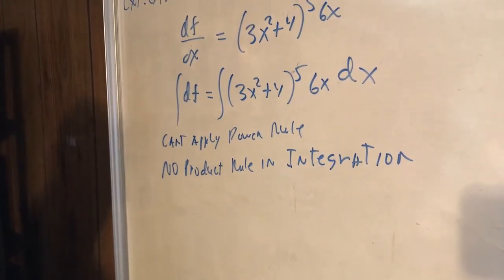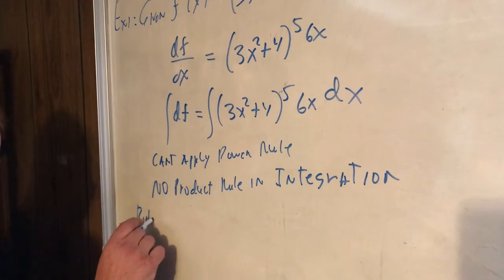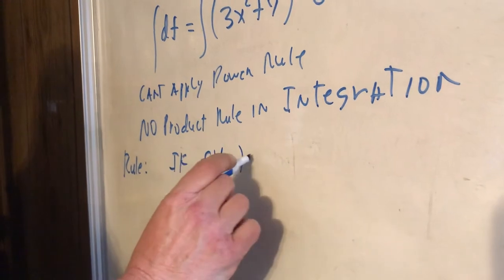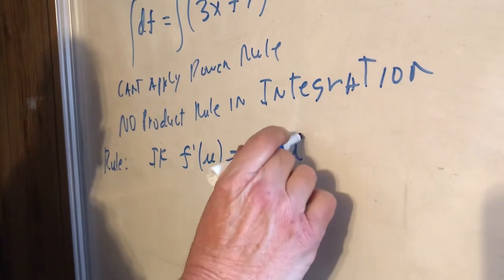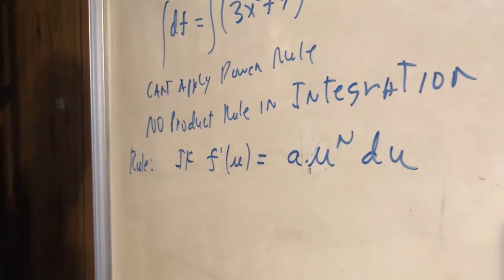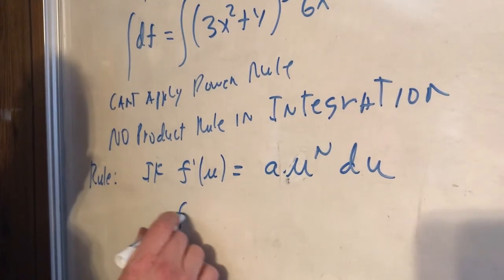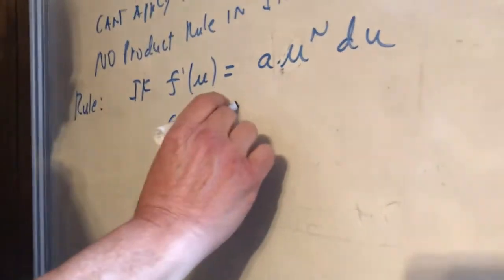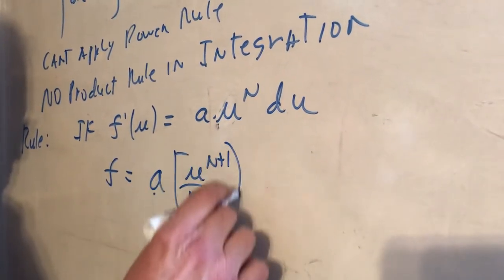Well, I do have a rule, and this is sort of a sunk type of rule. If f prime of u equals a u to the n du, then I can say that f is going to be a u to the n plus 1 over n plus 1 plus c.